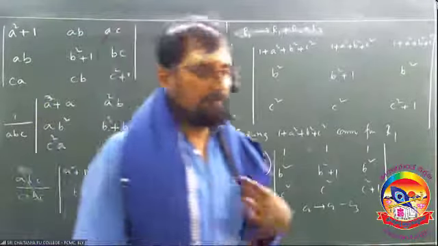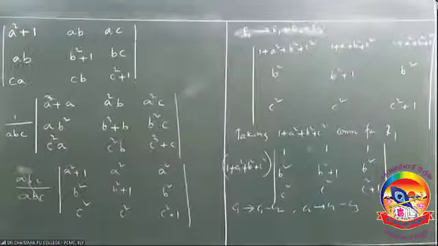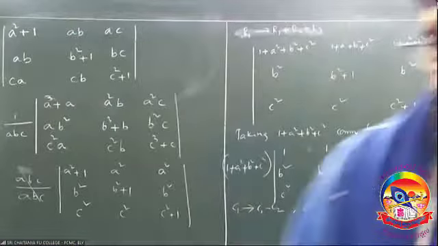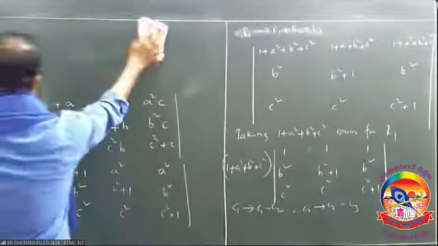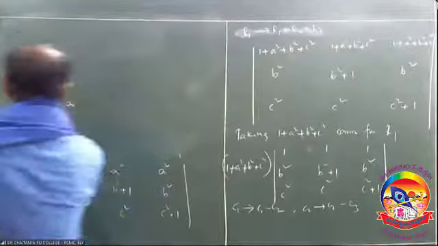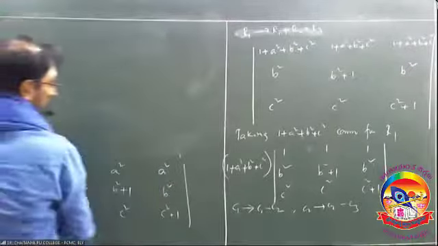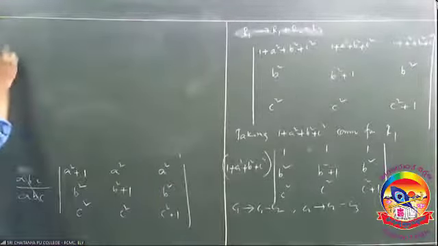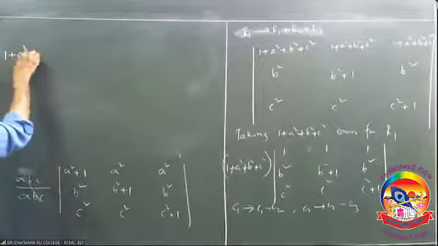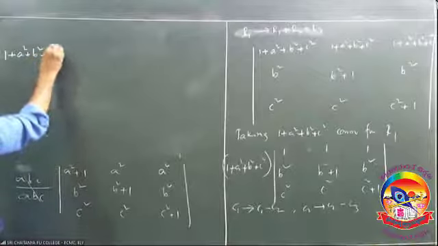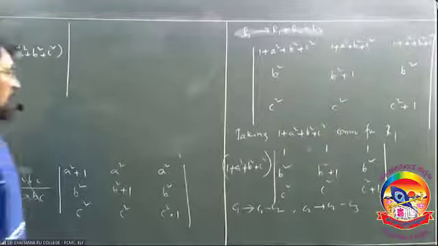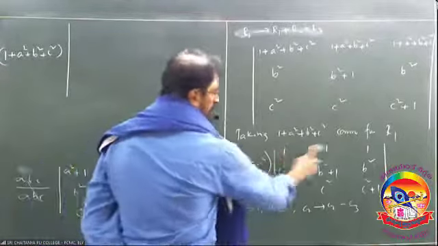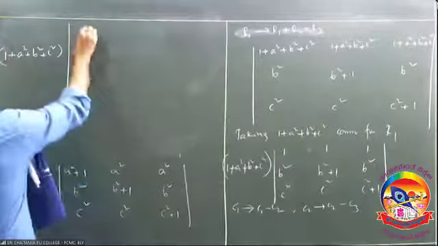Write down slowly. Okay. Now observe. What will be the next step? I am going to rub in this area. Now 1 plus A square plus B square plus C square into that of C1 minus C2. 1 minus 1, 0.